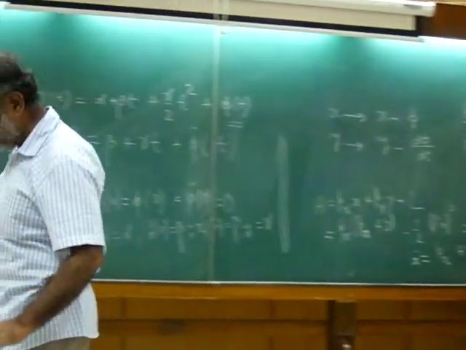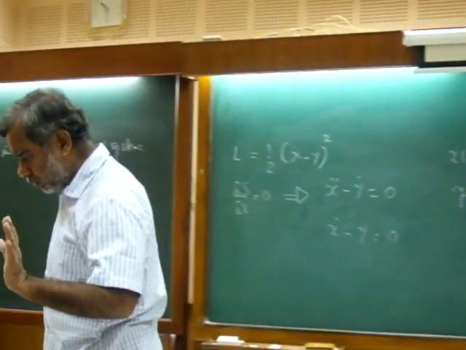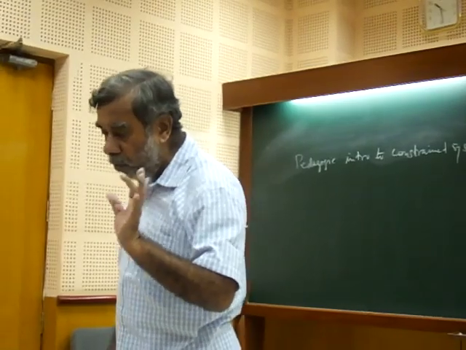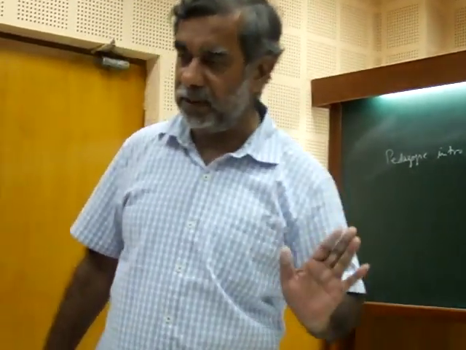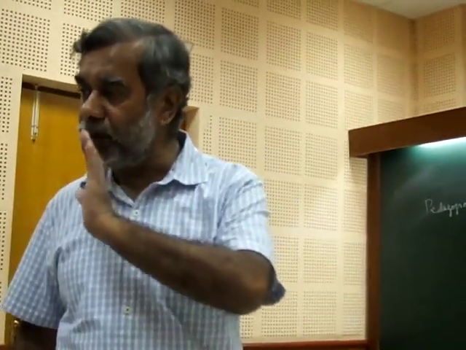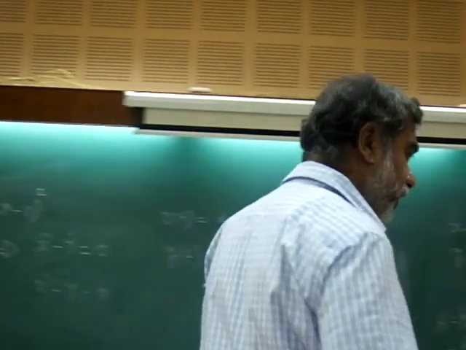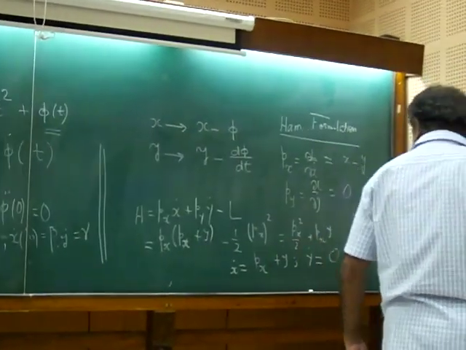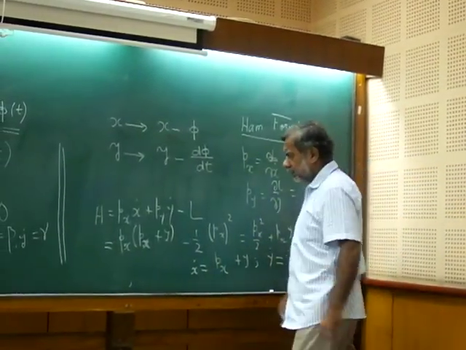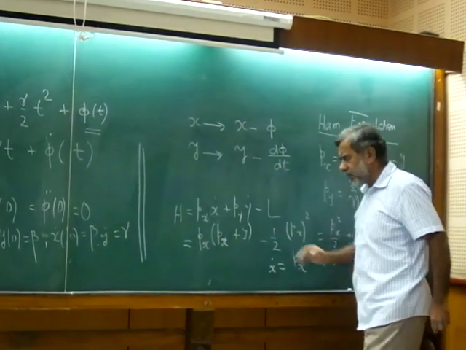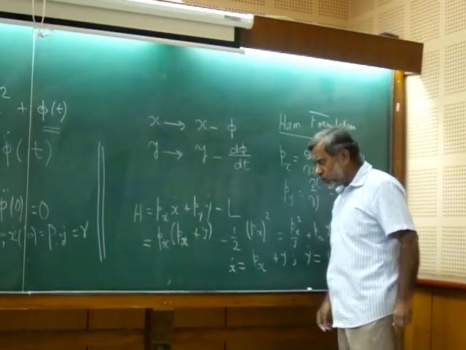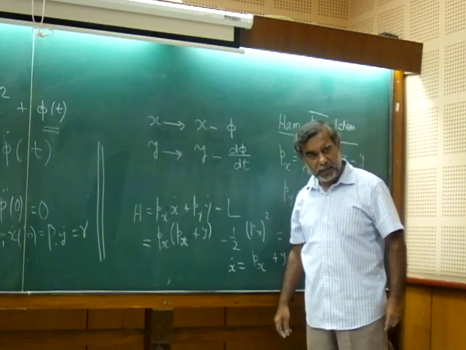Now, Dirac says if you have a constraint, there is no meaning of the canonical Hamiltonian. First remark, this is a very important remark. This canonical Hamiltonian has no meaning.